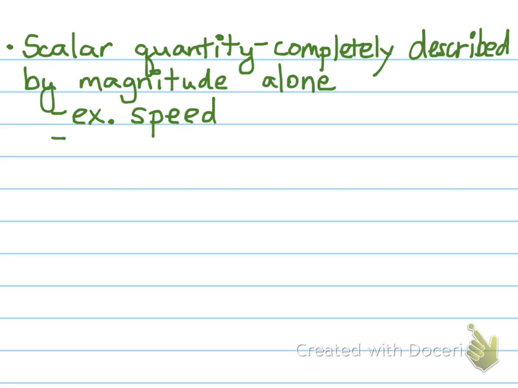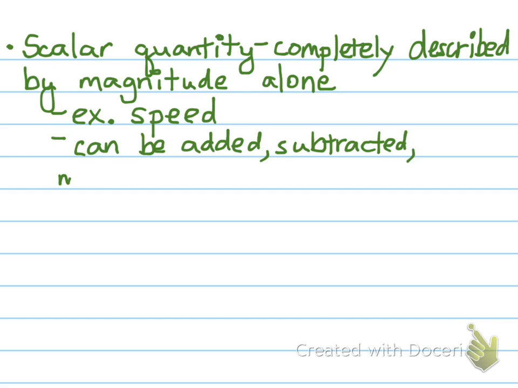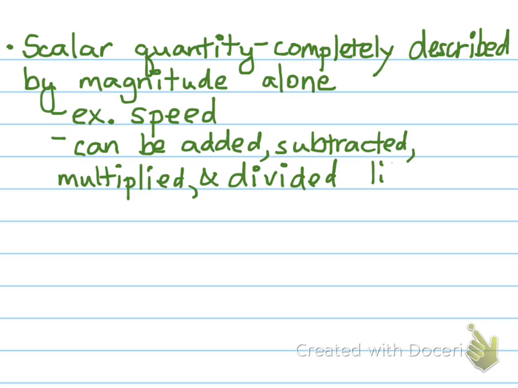And scalar quantities in some ways are a little bit easier for us to work with because they can be added, subtracted, multiplied, and divided like ordinary numbers, meaning there's nothing special to working with them.